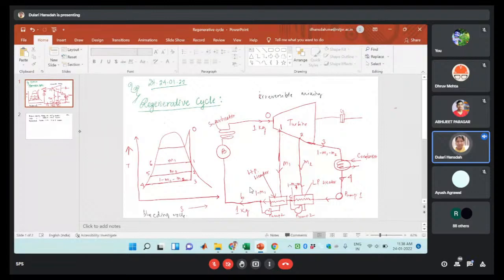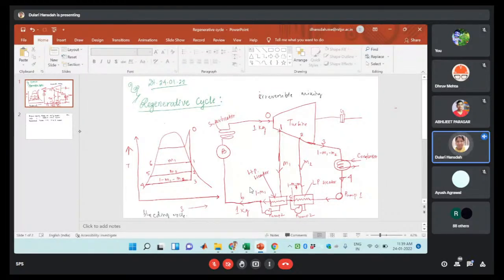Because of this regenerative cycle, I want to tell you one thing also. In this case, the temperature of the steam which we are extracting from the turbine will depend upon the steam handled inside the turbine.